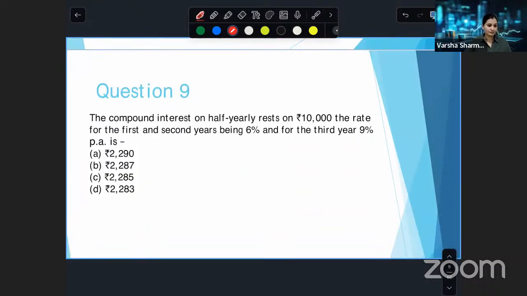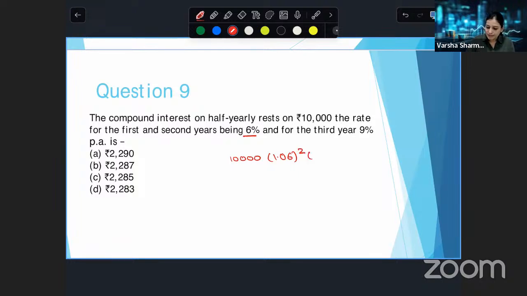9. The compound interest on half yearly rests on rupees 10,000. The rate for the first and second year being 6% and for the third year 9%. So in this case 10,000. Usually if it's the same rate we apply that 3 times. But here for the first year 6%, so 1.06. Second year again 6%, so 1.06.